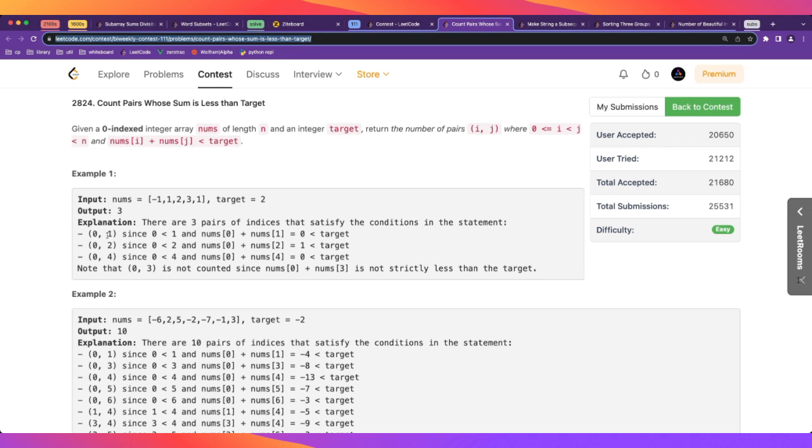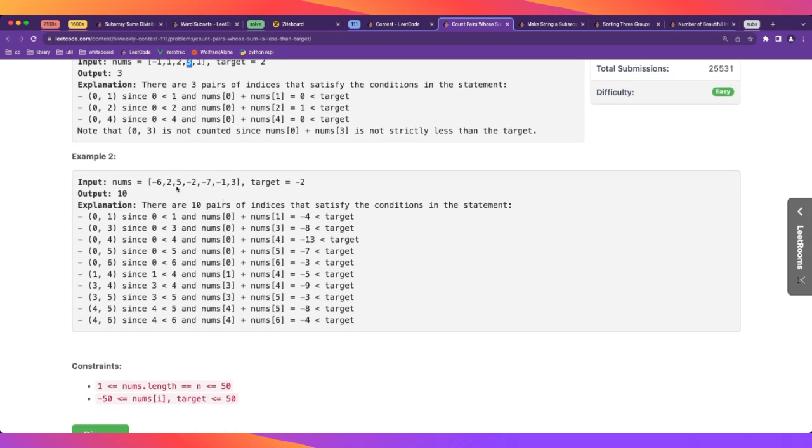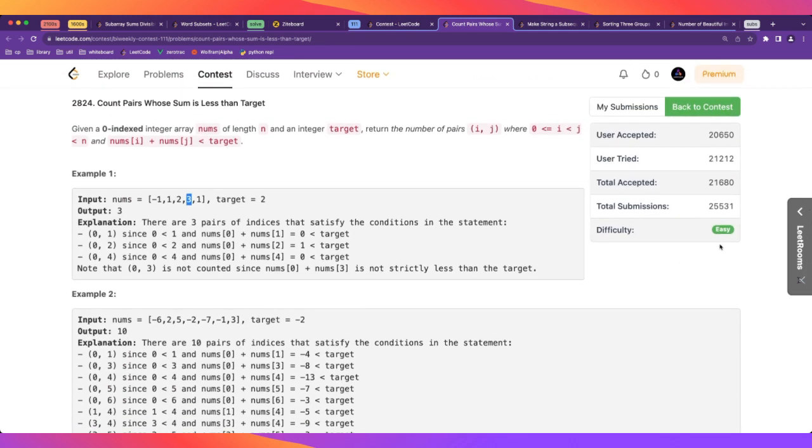It's 0, 1, then 0, 2, with 3 cannot be paired, and 0, 4 is another one. Note that 0 is not counted, it's not strictly less. And then we have a bigger case with 10 pairs. So yeah, this is an easy.